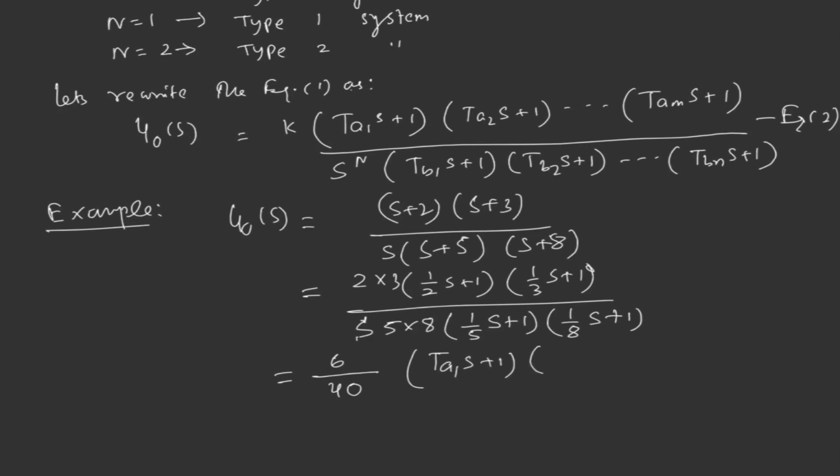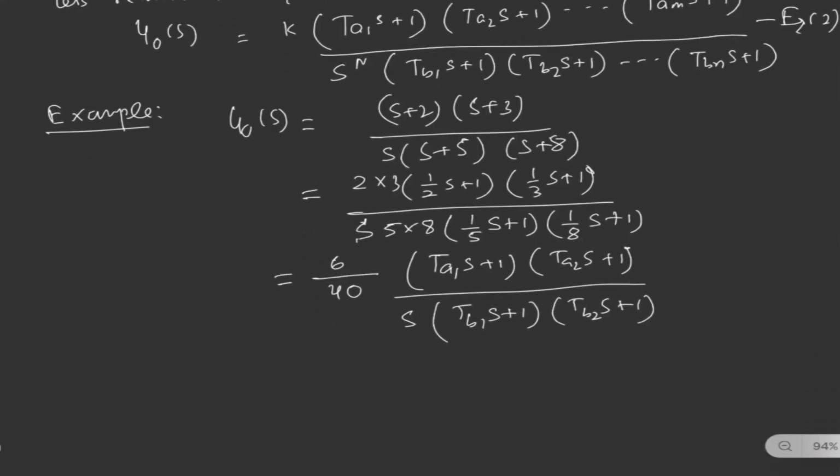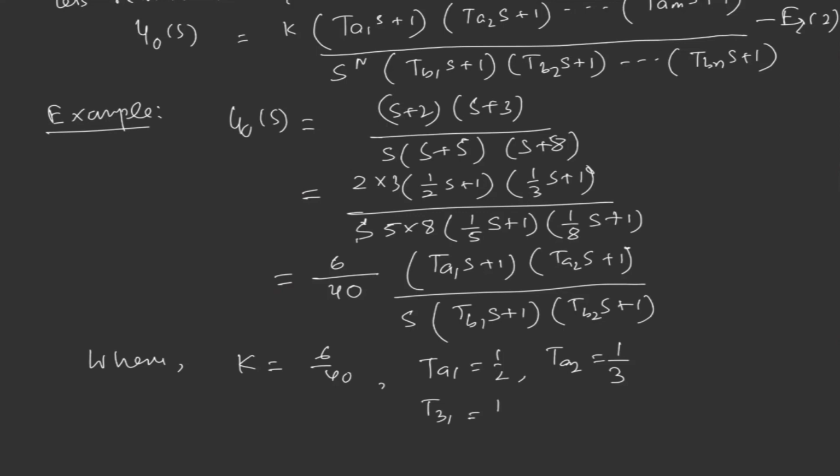We can write (TA1 S plus 1)(TA2 S plus 1) divided by S into (TB1 S plus 1)(TB2 S plus 1), where we can write K equal to 6 by 40 and TA1 equal to 1 by 2, TA2 equal to 1 by 3, TB1 equal to 1 by 5 and TB2 equal to 1 by 8.